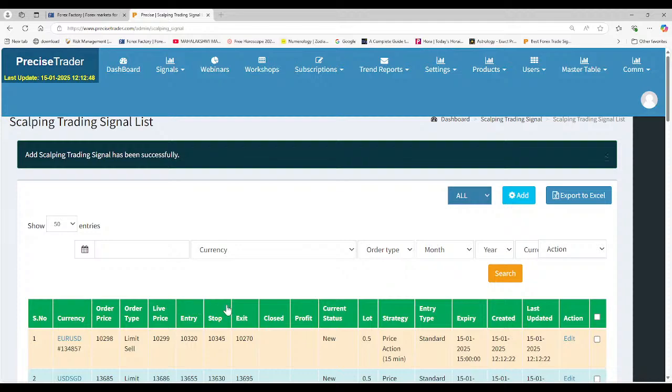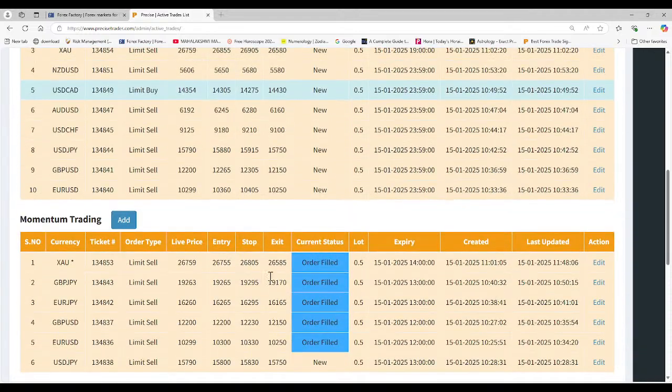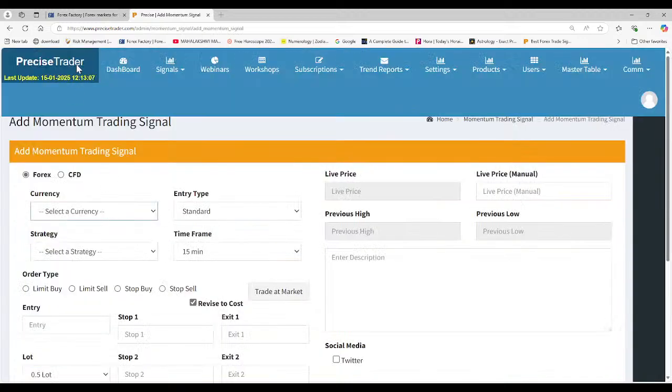Okay, so if we feel that is the high, then we can go for a stop sell. Okay, this is an additional trade which we are going for.